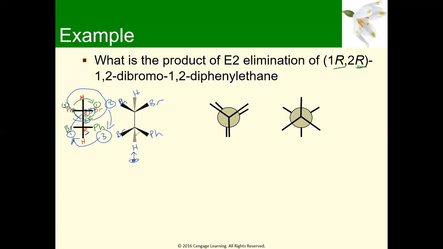I'm looking at it head on this way. So that means that the hydrogen is down here and the hydrogen in the back is right there. And then in front, I've got the phenyl and the bromine. And then on the back, I've got the phenyl and the bromine.